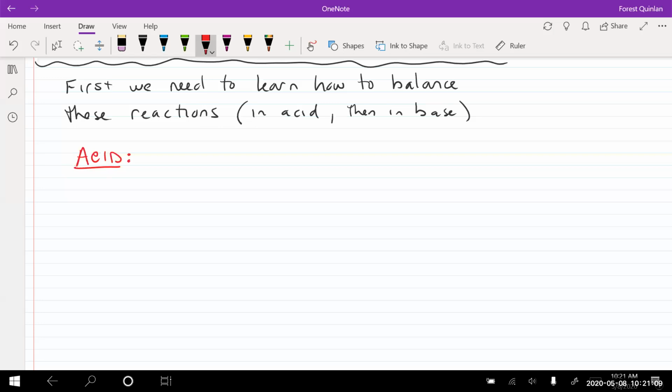I mean, if you think about it, your car battery is full of sulfuric acid. It's a great electrolyte. So a lot of things we want to do tend to have acids as their electrolytes. And so what we want to do is learn how to balance these in an acid, and we'll continue this on into a base situation because there are actually commercial examples of where a base has been used.